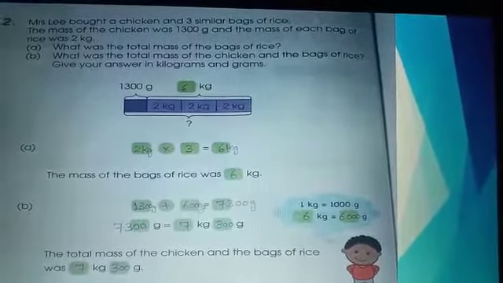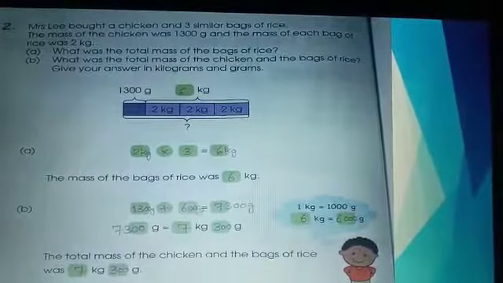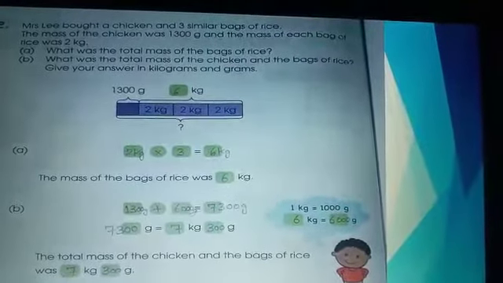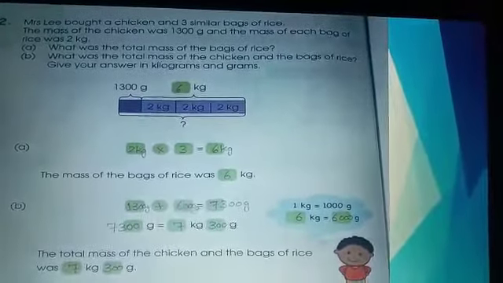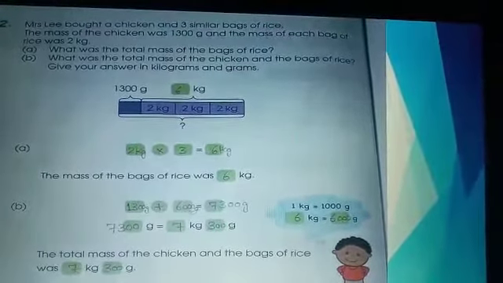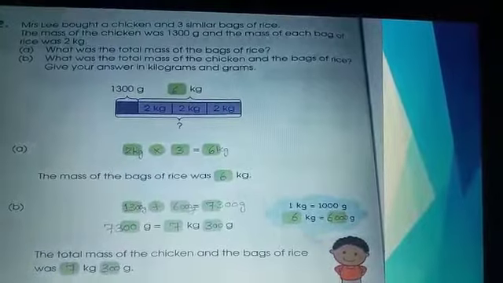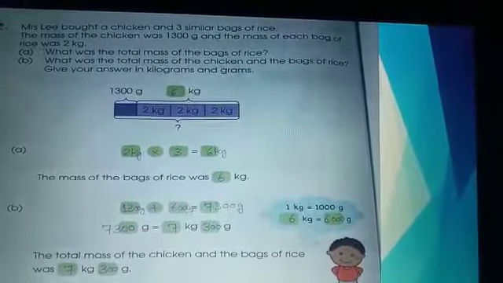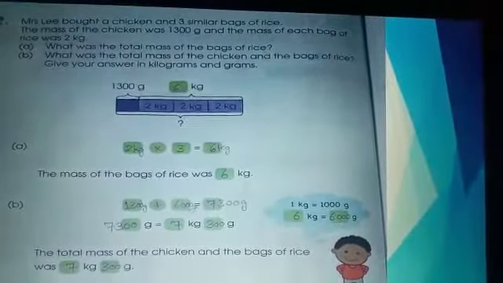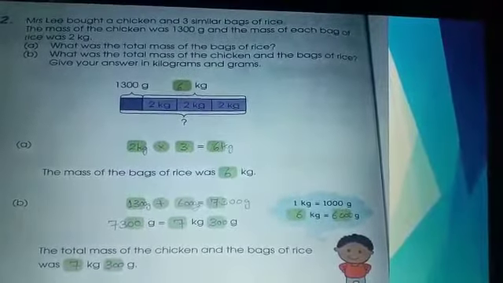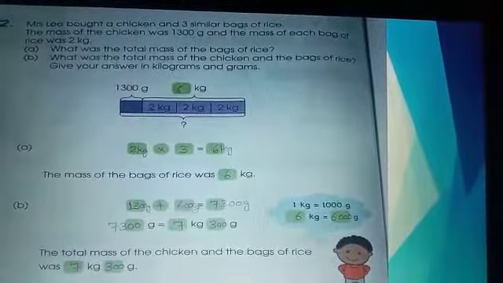In the B part, we have to find the total mass of the chicken and the bags of rice. The mass of the chicken is 1300 gram and 6 kg equals 6000 grams. Very good. So we add up both of these values, 1300 gram plus 6000 grams.